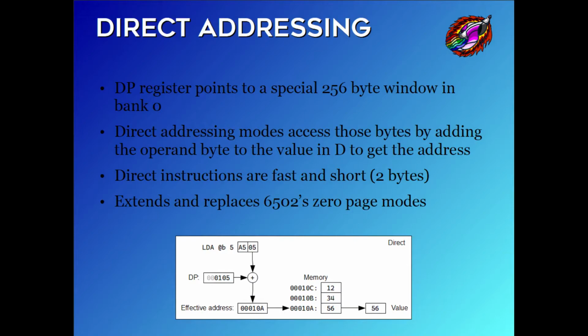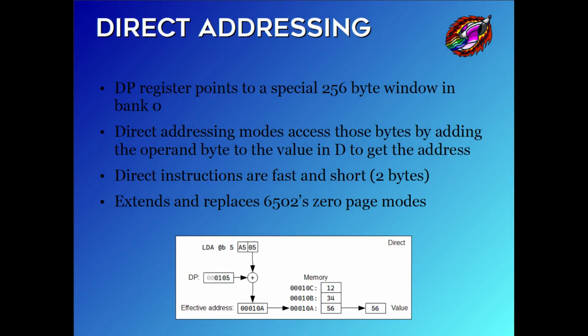But whereas absolute long can address any memory location whatsoever, and absolute addressing can address any memory location within the current data bank, direct addressing only works with a small window of 256 bytes that exists within bank 0. And that window, while you can move it, its location is indicated by the DP register, the direct page register, which we've been ignoring up until this point.